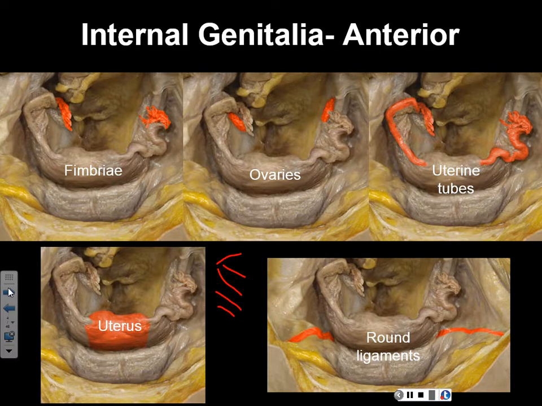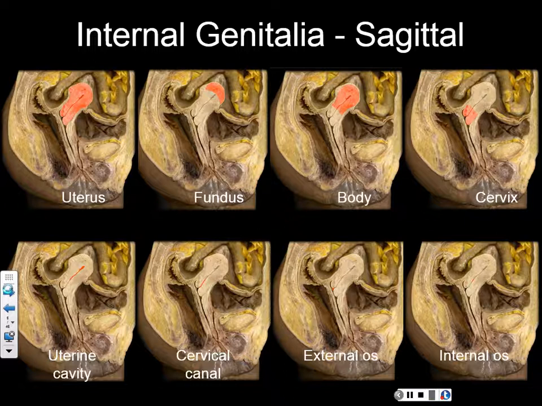So those ligaments are very important, and I'll show you another picture. Of course, the uterus is divided into three parts, just like the stomach. It's got the fundus up on the top, like the stomach, and the body, and then the cervix. The cervix is kind of like a tubular extension of the uterus, and it's got the cervical canal, and the uterine lumen forms the space within the uterus.